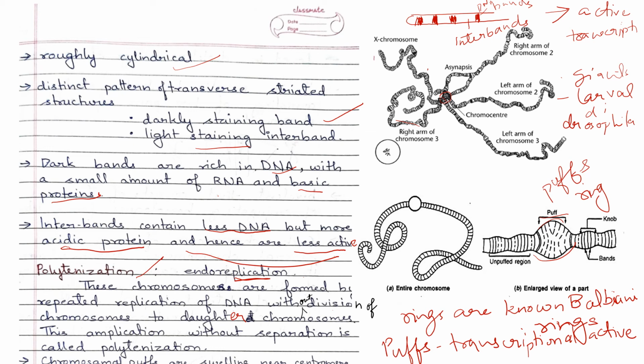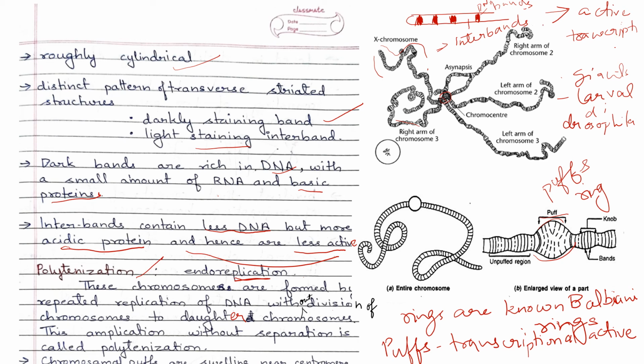Next, the structure is somewhat cylindrical, and they have striated structures with darkly stained banded regions and lightly stained interband regions. The banded regions are rich in DNA and basic proteins, so they are active in transcription, while the interbands are rich in acidic protein and less DNA, so they are less active.